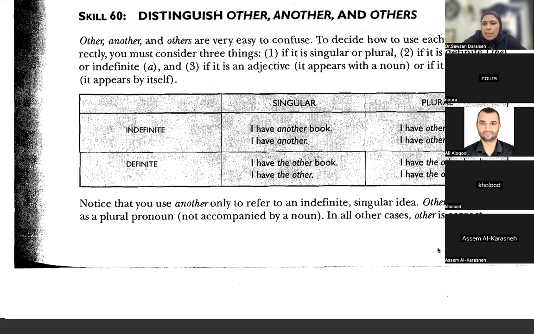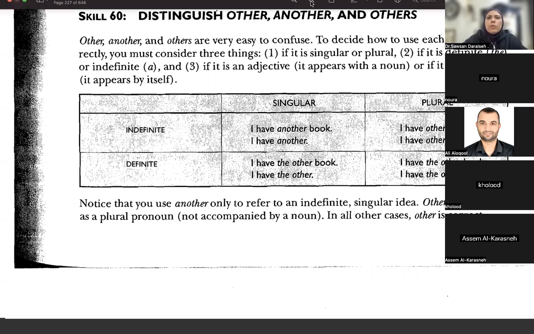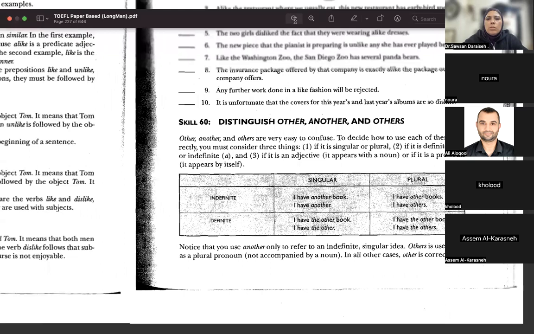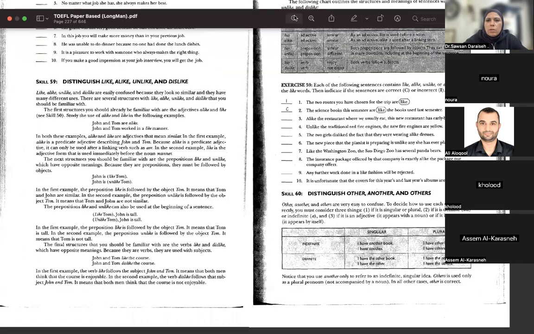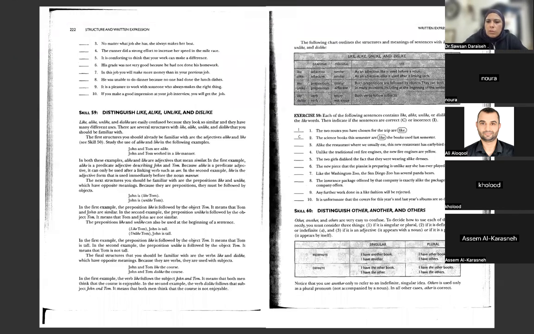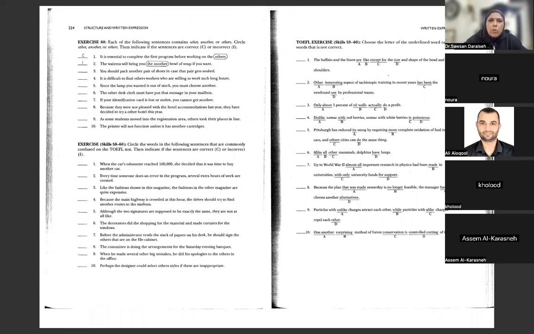In all other cases, other is correct. What does that mean? We're going to make this smaller. So other is always definite, right?